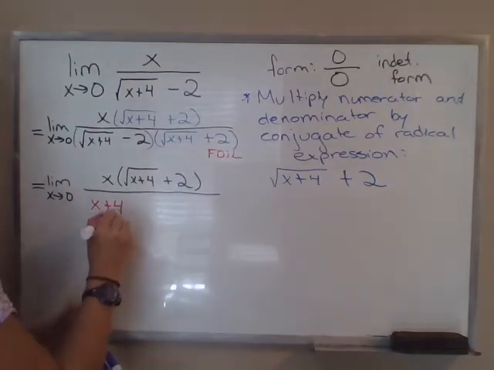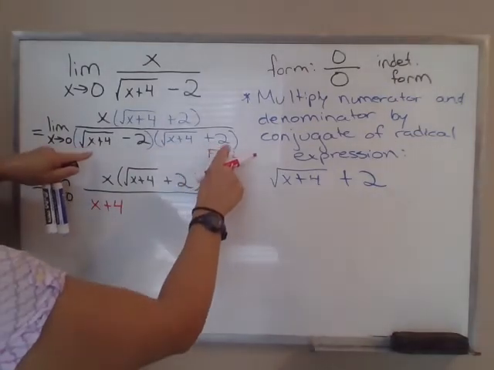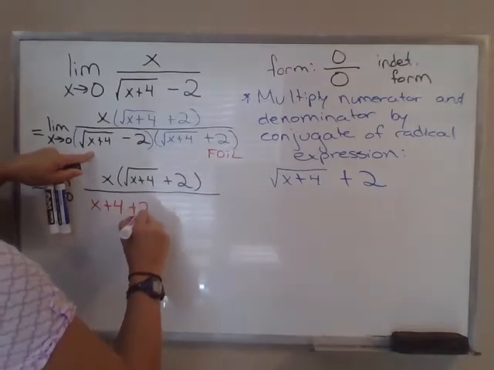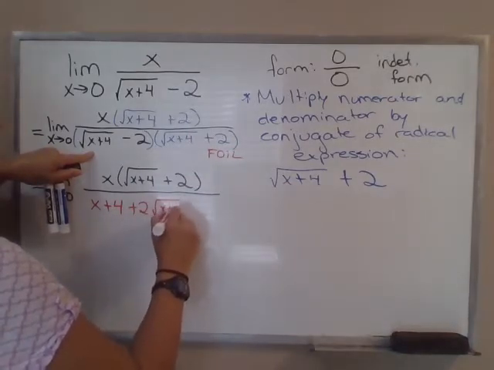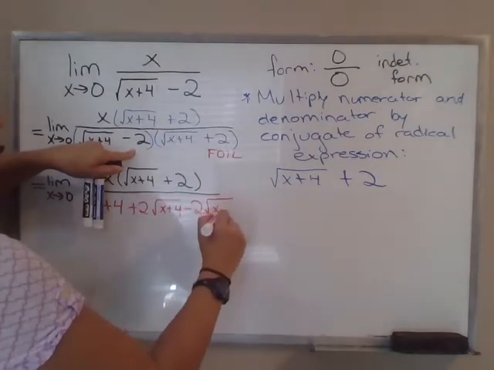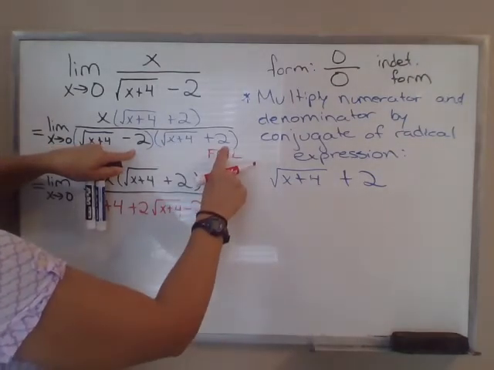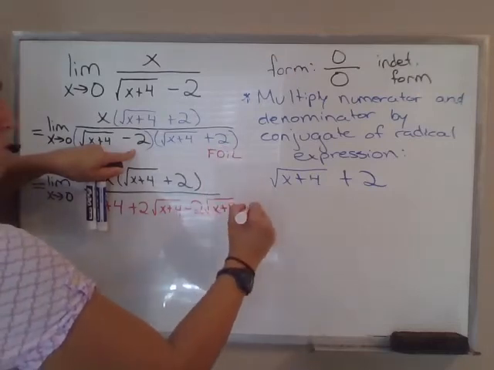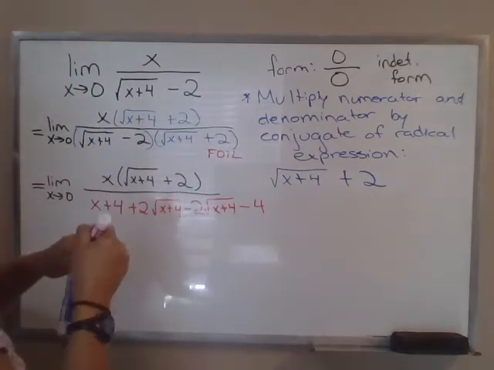So that's just x plus 4. Now when we do outside, you have positive 2 times the square root of x plus 4. Inside, you have minus 2 times the square root of x plus 4. And then last, negative 2 times positive 2, so that's minus 4.